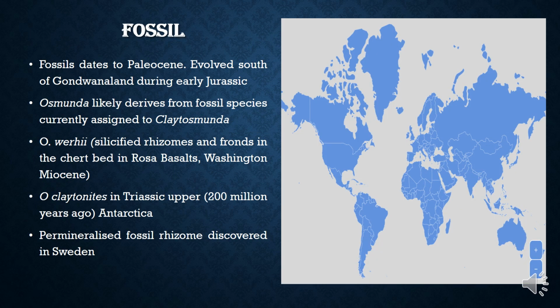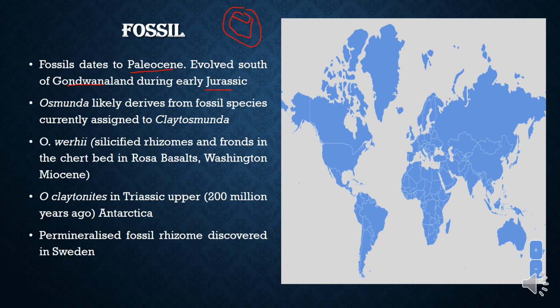Fossil forms of Osmunda. Now we know that the fossil form of Osmunda dates back from the Paleocene, and we also see it in the Jurassic age, and especially south of Gondwanaland. We know that the earth earlier had a Laurasia and then a Gondwana.